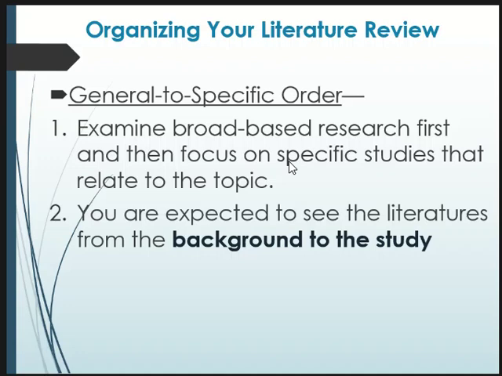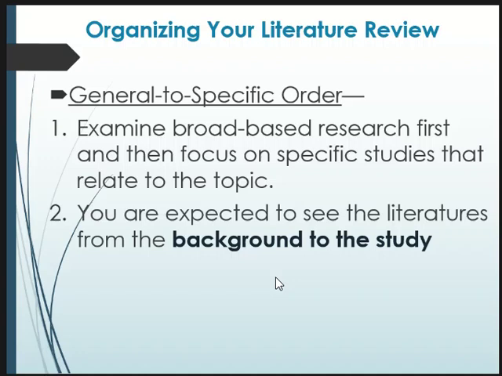For example, if you are reviewing the literature on why children are fat, why children are obese, then one way is that you can begin your discussion by first analyzing what is the rate of obesity among children.